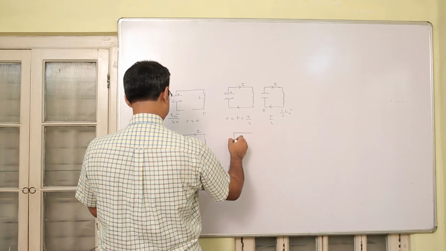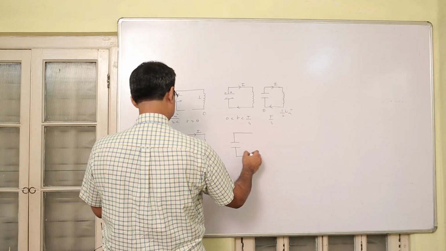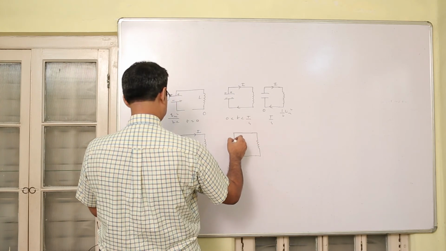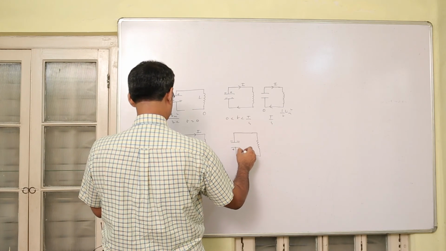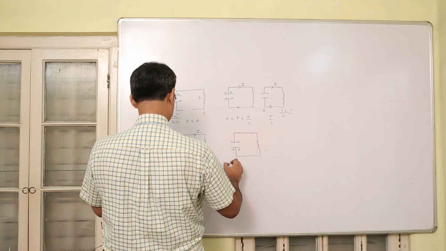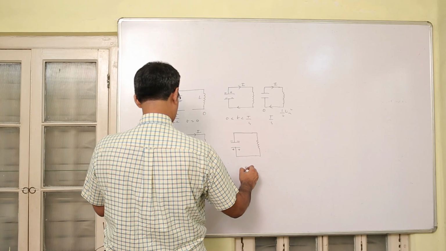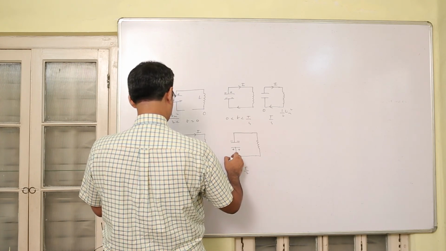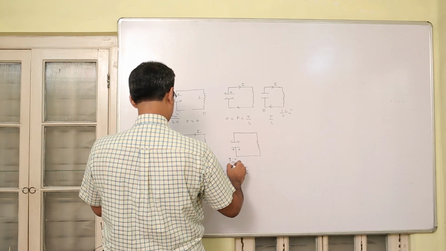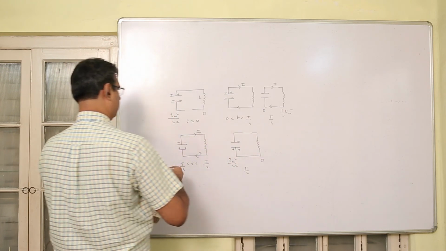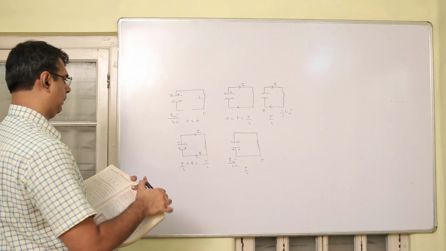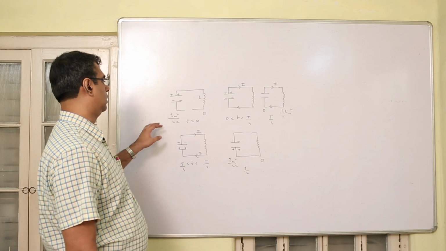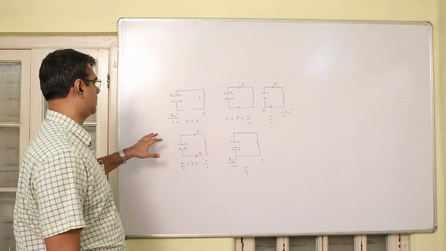And finally, at time T by 2, the energy of the capacitor will again become Qm square by 2C and the energy of the inductor will again become 0. So the total energy will remain constant.